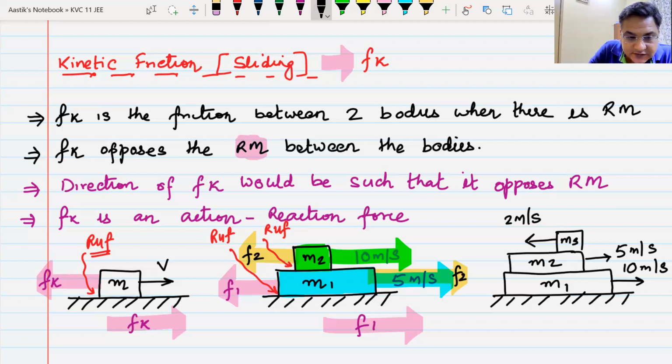Think and then give the answer. Is everyone ready with their answers? Shall we begin?